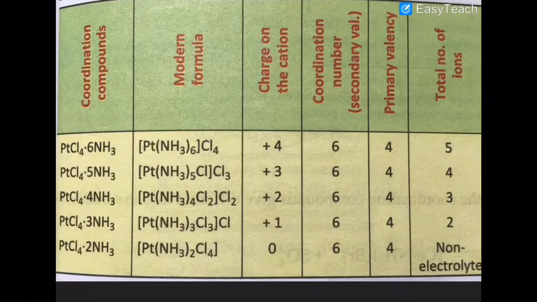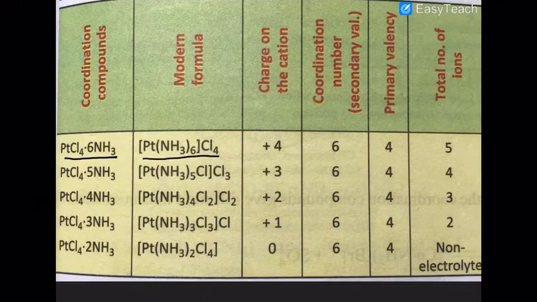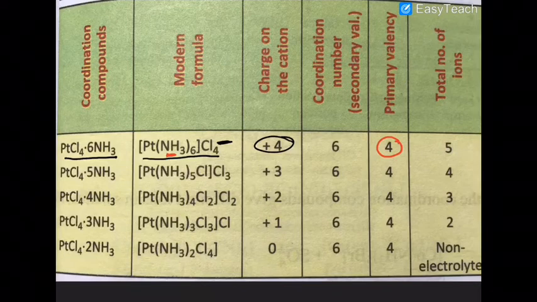Now look at these examples of coordination compounds which are given to you. This is the formula of the compound. It can be arranged like that. Platinum is in +4 state here. 4 chlorides are outside the sphere. Outside the sphere they are called primary valencies. 6 ammonia are secondary valencies.